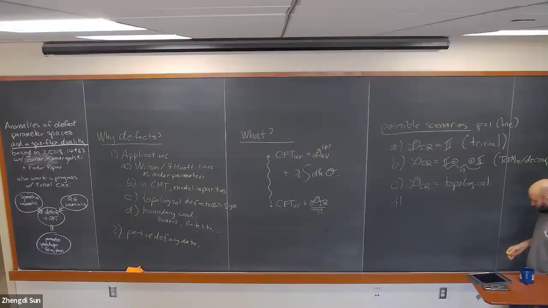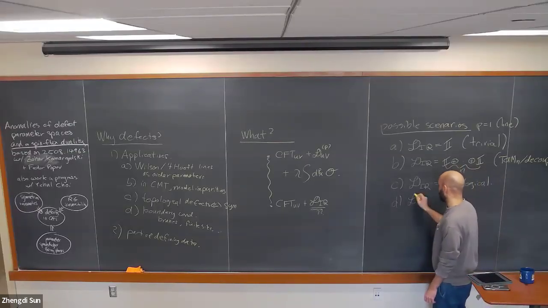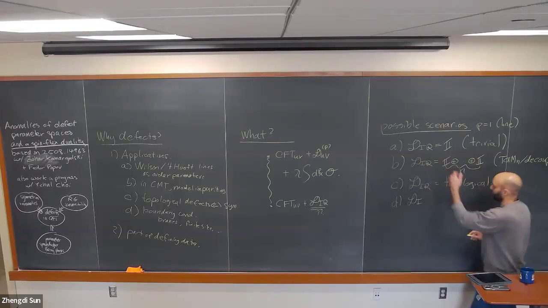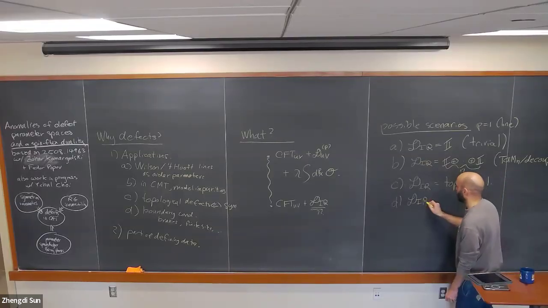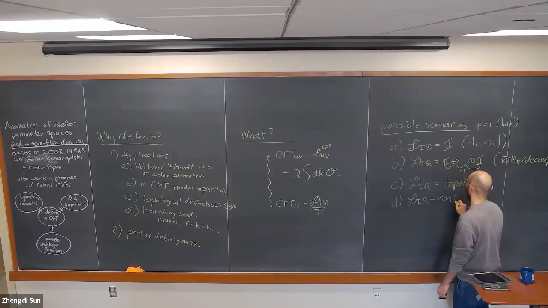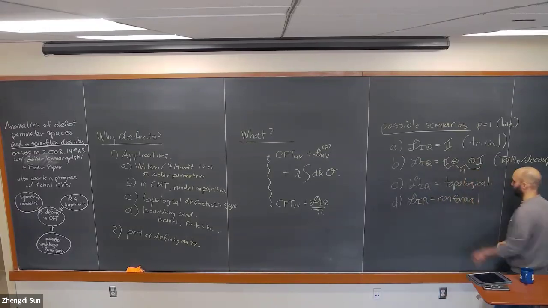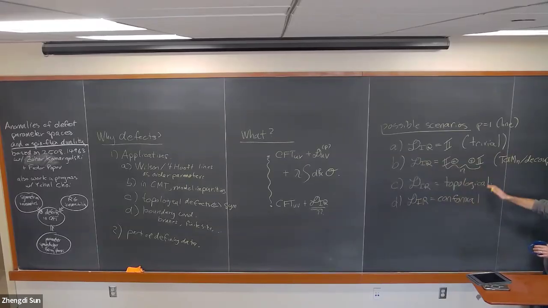And the last scenario, which in some sense encapsulates all the others, is that it could become non-trivially conformal at long distances. Okay, so this is a menu of different possibilities, and we want to figure out in examples which are realized.